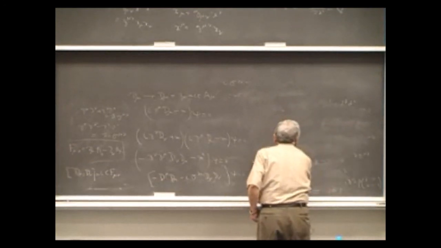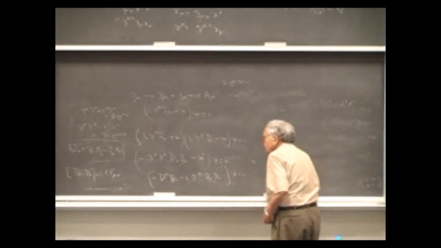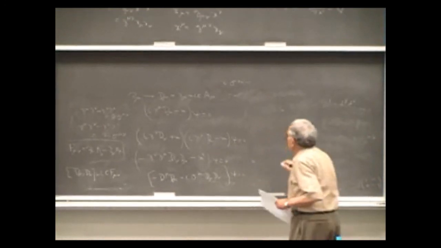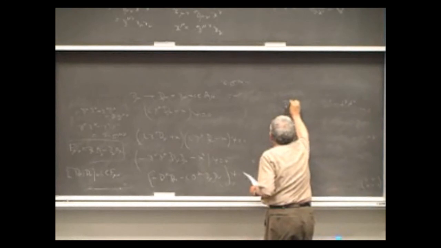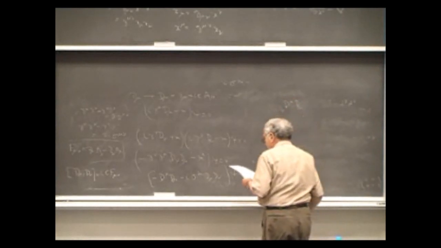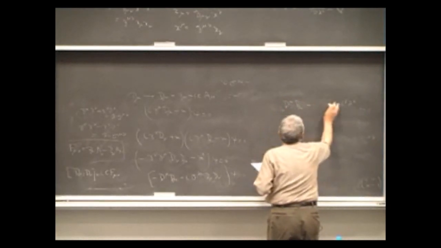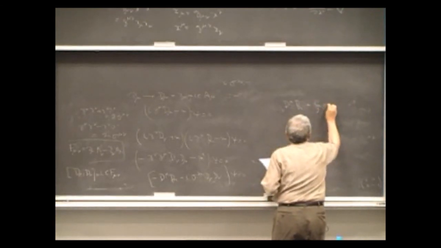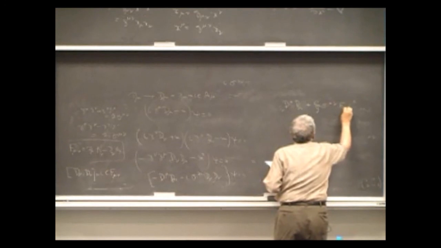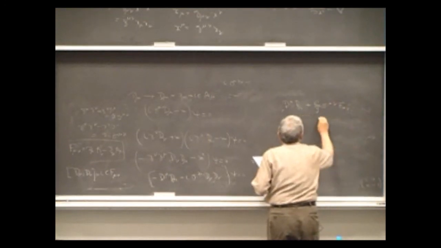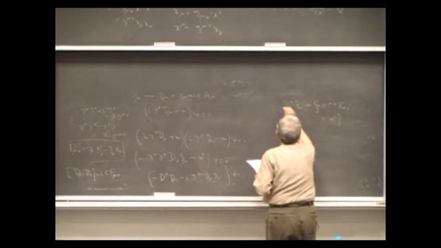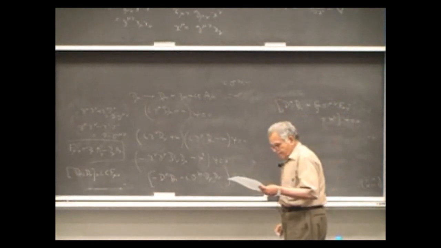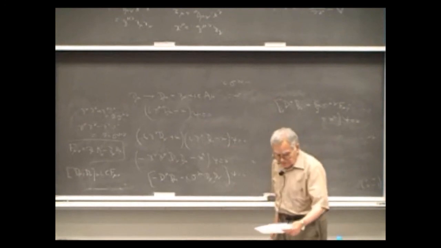After going through this step, this equation reduces to this, plus e over 2 sigma mu nu F mu nu.